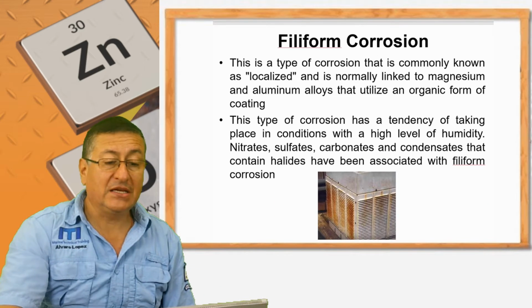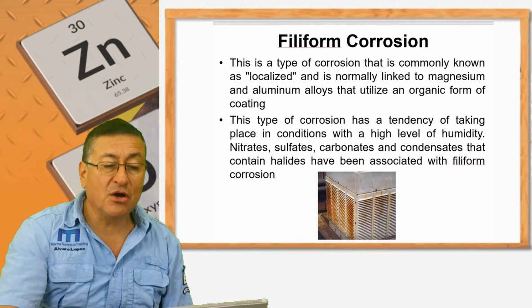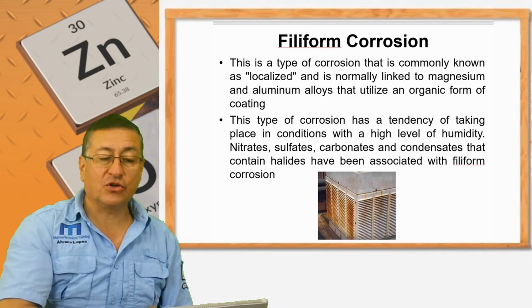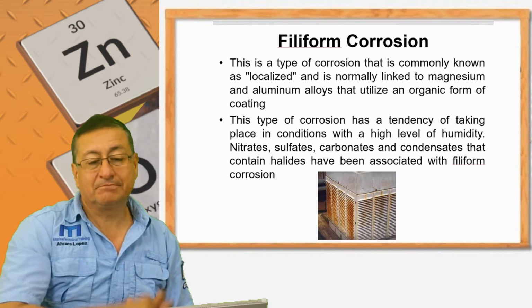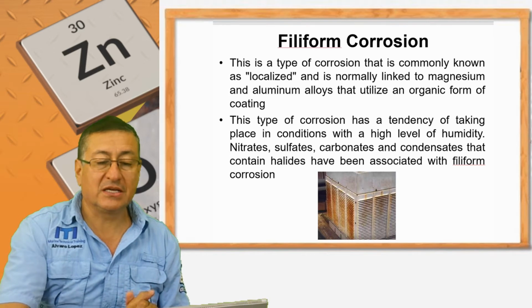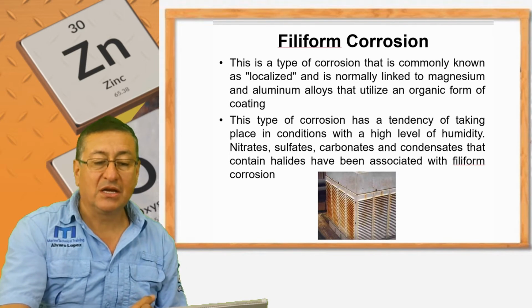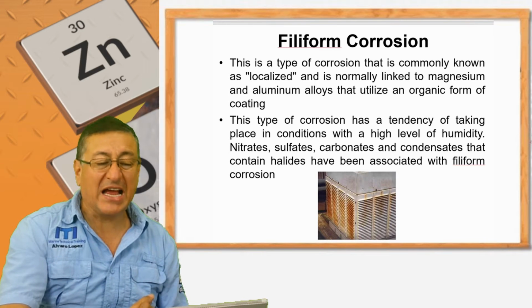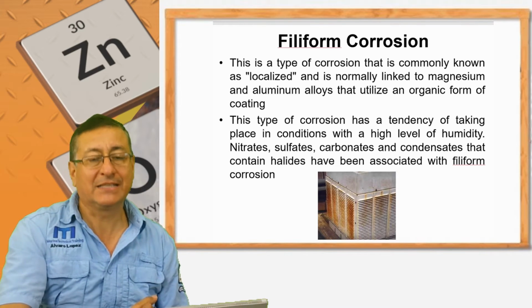Filiform corrosion is a type of corrosion commonly known as localized corrosion, and is normally linked with magnesium alloys, aluminum alloys, with organic coating. That's the problem.